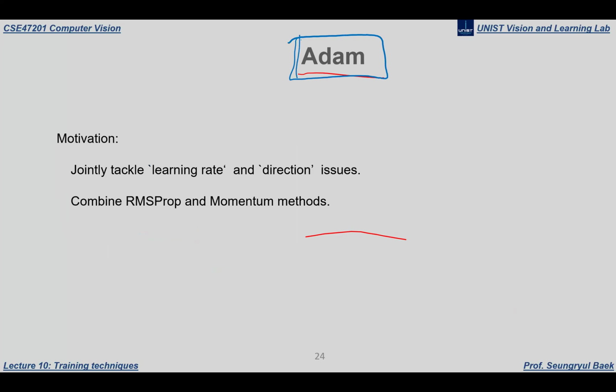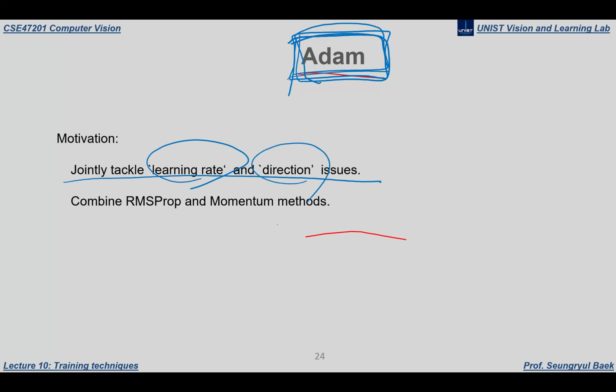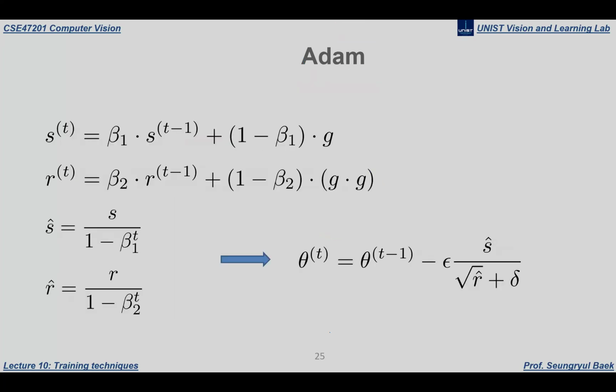And maybe this is the last for this lecture. Adam is the complete form of optimizer, and we are now using Adam frequently. They jointly consider the learning rate issue and also the direction issue, somehow combining momentum and RMSProp. So their formula looks like this.